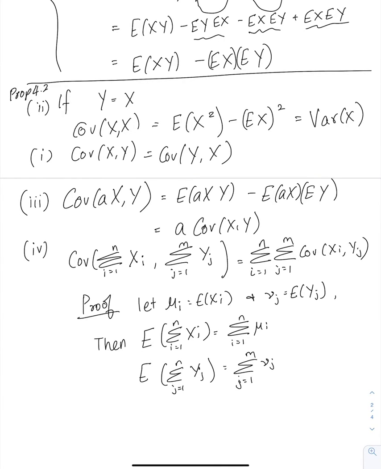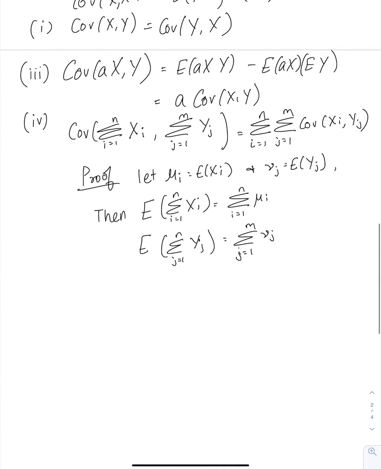Okay. And now let's write down what the covariance turns out to be and expand it. All right, so the covariance of the sum of xi and the sum of yj's, what is this?